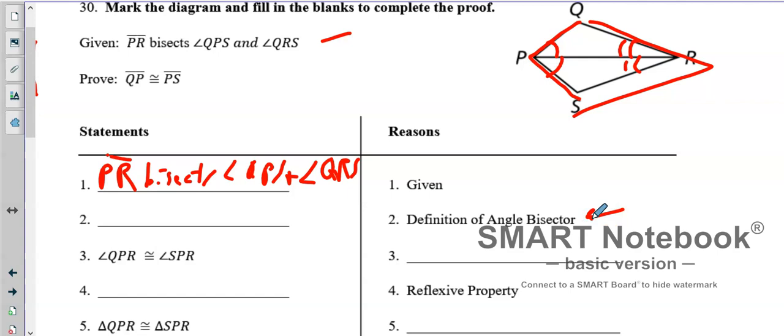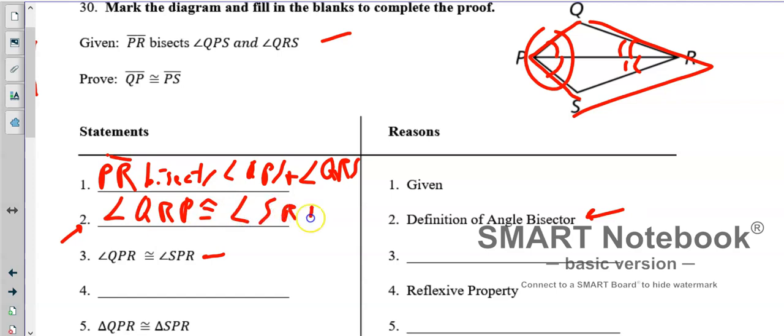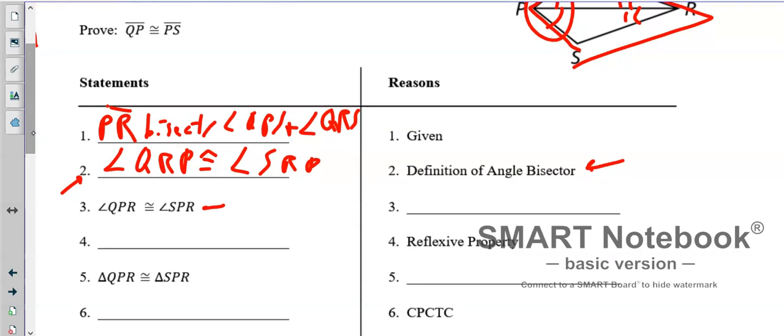Well, there's going to be two of them. So we skip ahead to 3. Here's QPR and SPR. That's those two. Which means number 2 is probably going to be the other two. Angle QRP is congruent to angle SRP. Definition of angle bisector, definition of angle bisector.